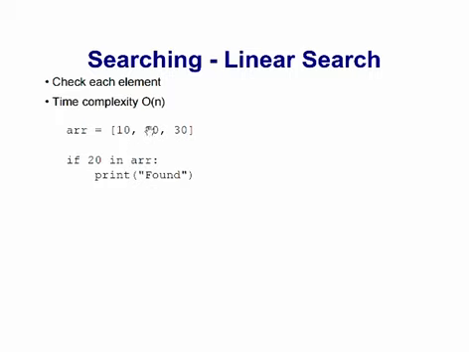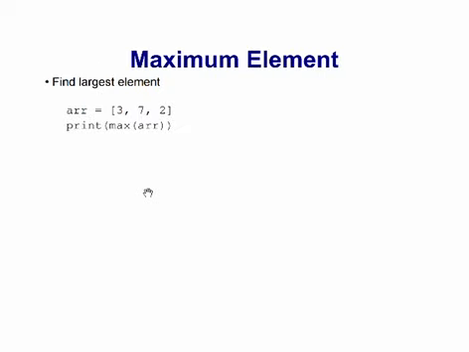Yeah, here 20 is present. Then what will be the output? Print found. If I say if 50 in array, here 50 is not present in the list, then what will be the output? Print not found.